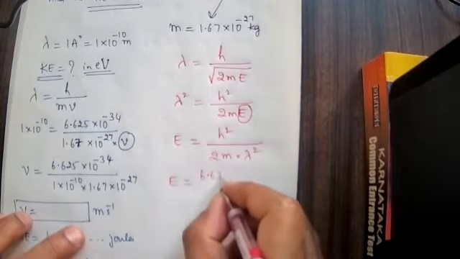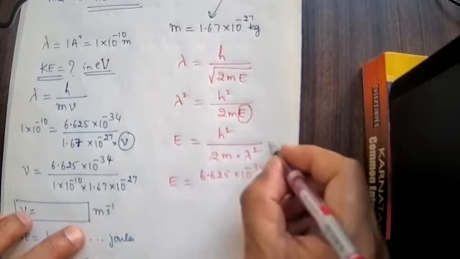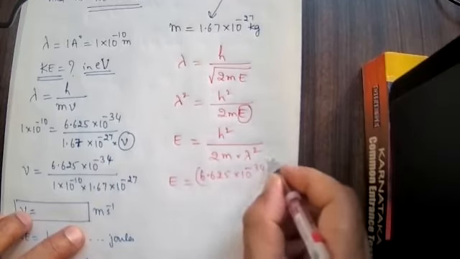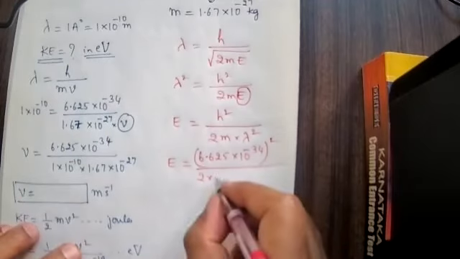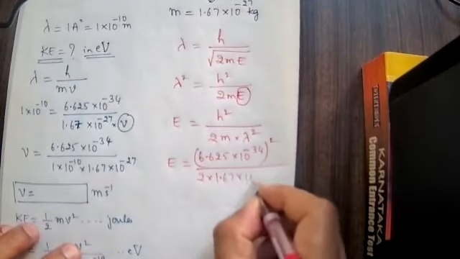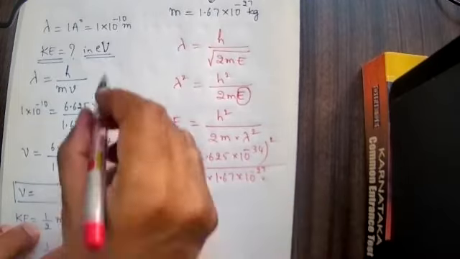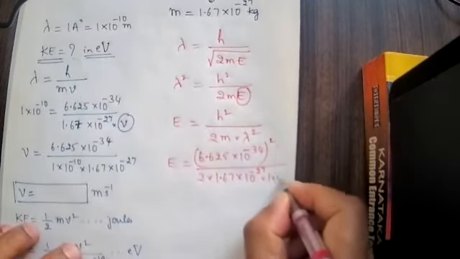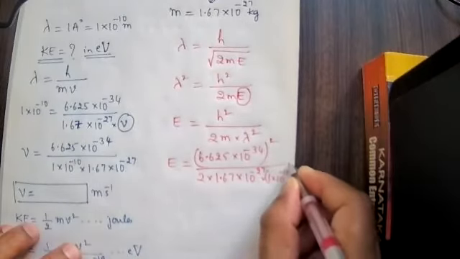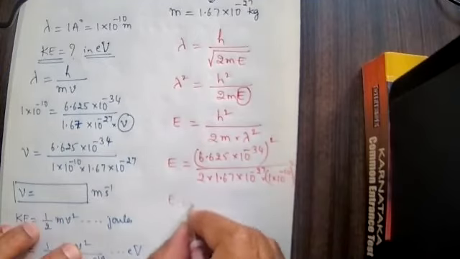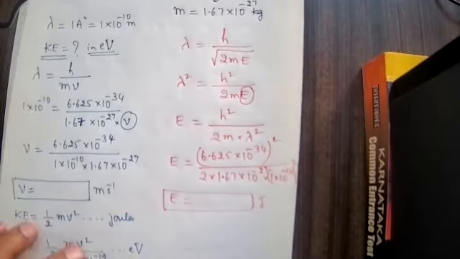h is 6.625 × 10 to the power minus 34. This is in terms of joules, don't forget. Mass 1.67 × 10 to the power minus 27. Lambda value 1 × 10 to the power minus 10, that's squared. You will get E in terms of joules, but I don't want it in terms of joules.